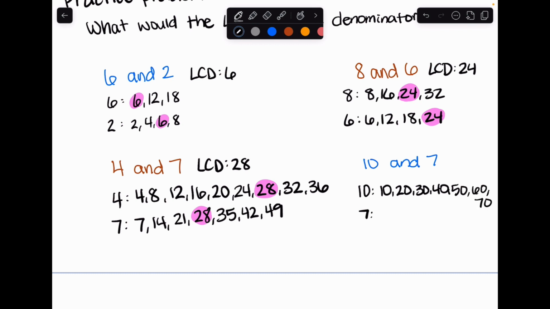And then for 7, I've got 7, 14, 21, 28, 35, 42, 49, 56, 63, and 70. So in that list, 70 is the only one that repeats. So my LCD is going to be 70.